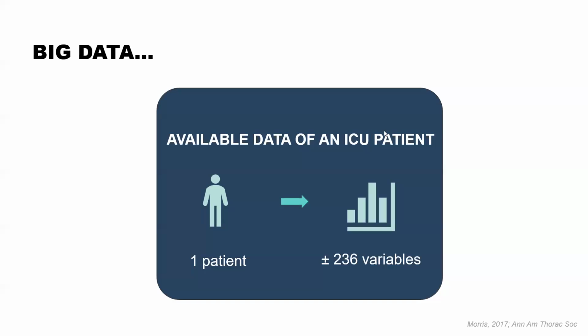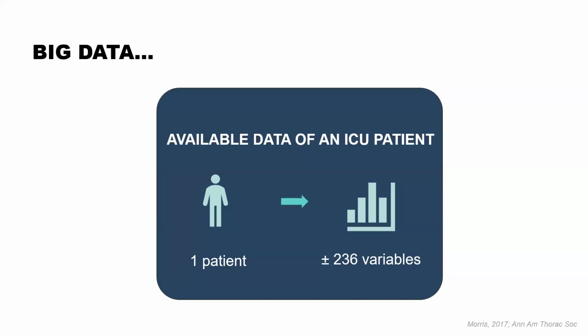But first, to put this big data into context, Morris et al. counted the number of variables available for one patient admitted to the ICU. They counted 236 variables available to make decisions on.